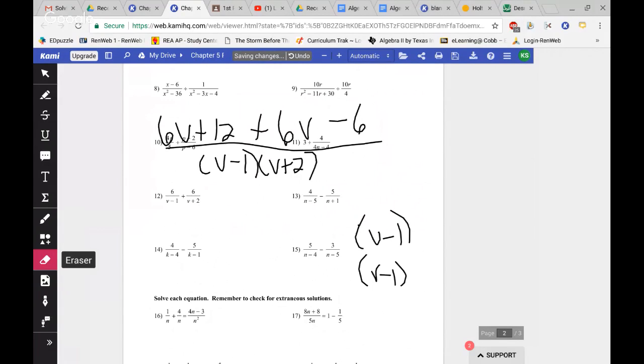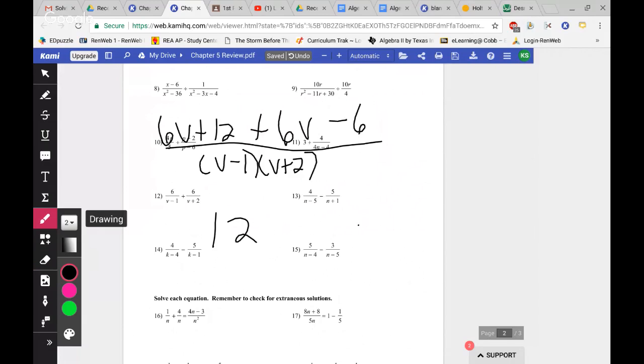Now you're going to combine like terms. And that's going to give you 12v, because 6v plus 6v, and then 12 minus 6 is 6. Oh, it's a plus 6, my bad.